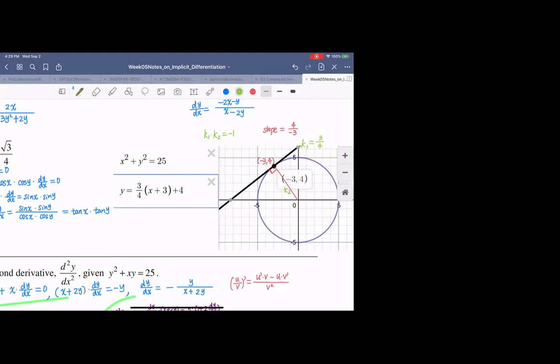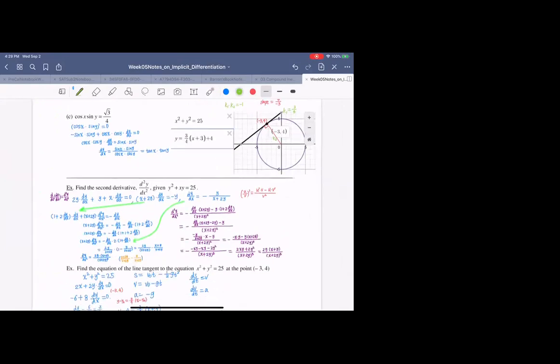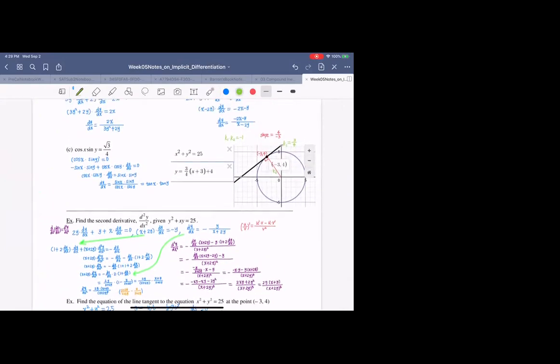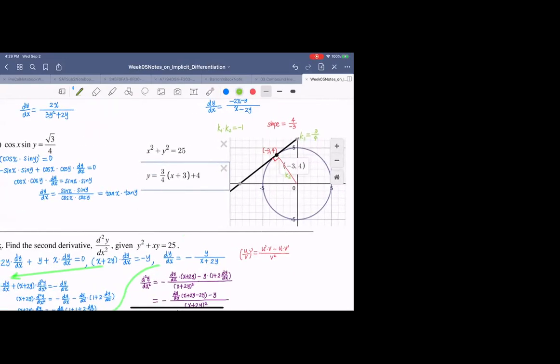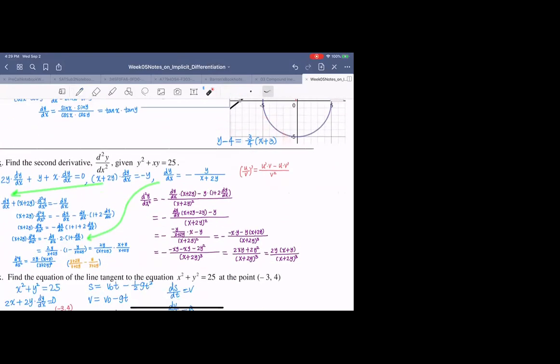Yes. So your slope is 3/4. And you also pass this -3 and 4. So that means what? Y minus 4, point slope format. Okay, y minus 4 equals 3/4 times x plus 3, right? Yes.